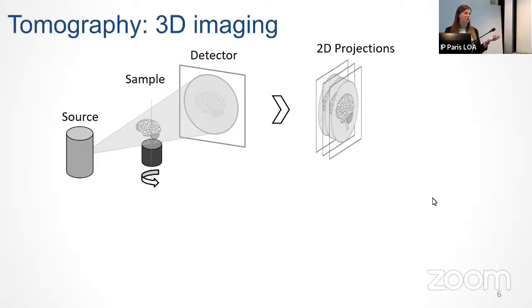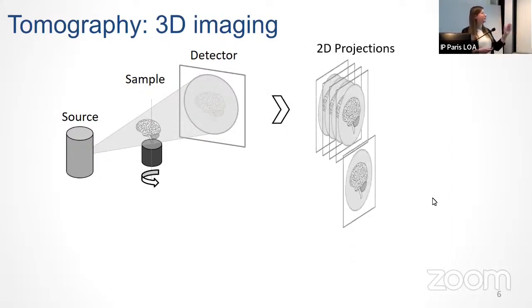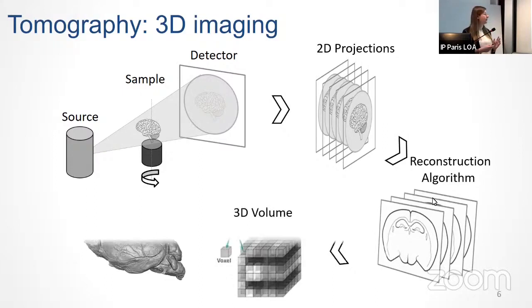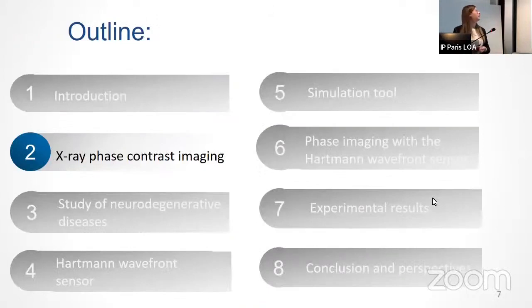These images are called 2D projections, and they are collected at several angles of illumination. Then we need a reconstruction algorithm to visualize the sample in 3D. Finally, we will have the final volume where each pixel will be called a voxel, a 3-dimensional pixel, and we can visualize the sample in 3D.